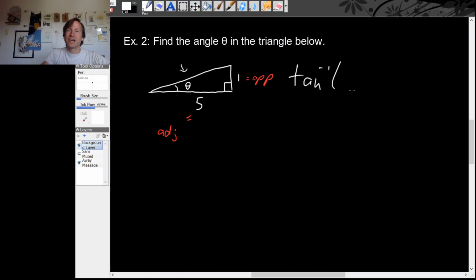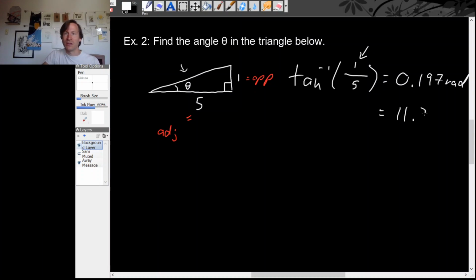So inverse tangent of the opposite side, which is 1, over the adjacent side, which is 5. So inverse tangent of 1 over 5. Again, this is not one of the nice inputs for inverse tangent, so we're going to have to approximate this with the calculator. Punch it into a calculator and you get something like 0.197 radians, or if you want to use degrees, it's 11.3 degrees.